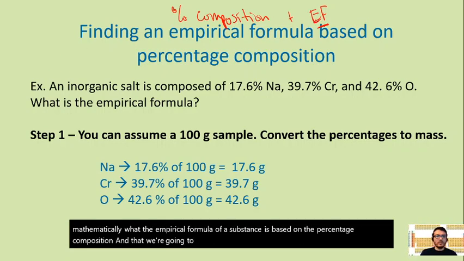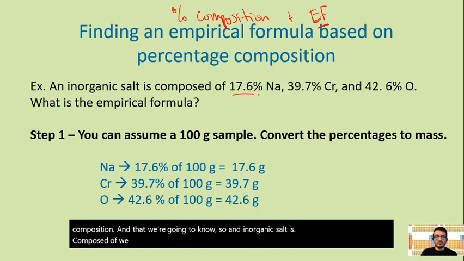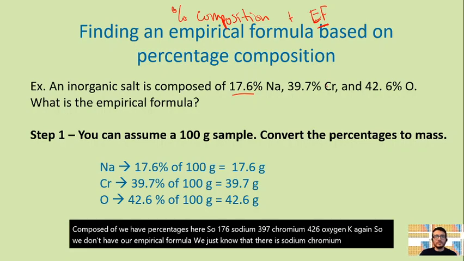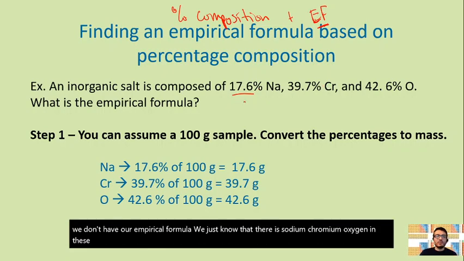So an inorganic salt is composed of, we have percentages here, 17.6% sodium, 39.7% chromium, 42.6% oxygen. Okay, again, we don't have our empirical formula. We just know that there is sodium, chromium, oxygen in these percentages. Now, what is the empirical formula?